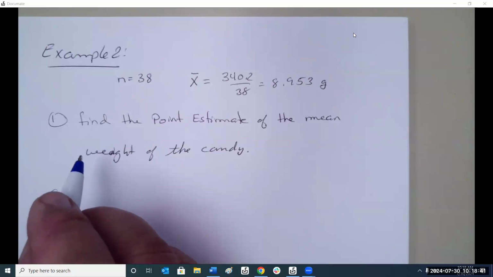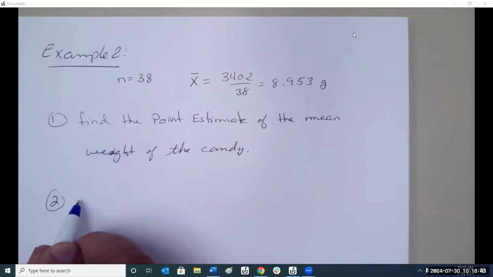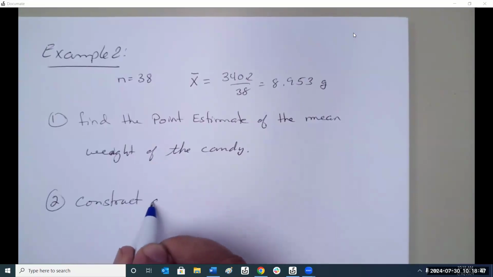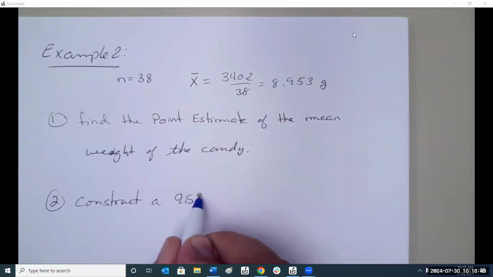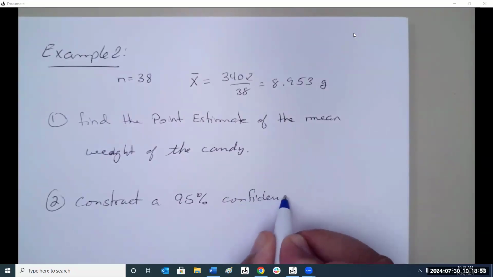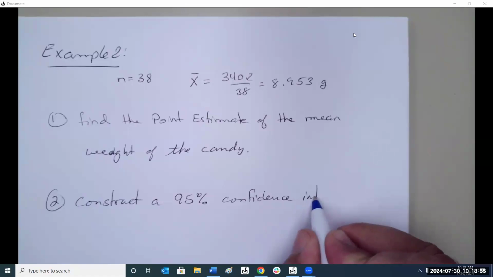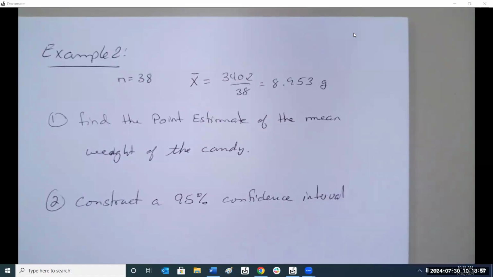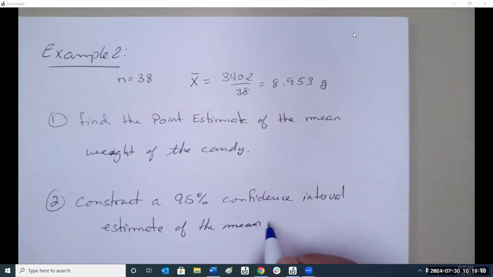Then the second one is construct a 95% confidence interval estimate of the mean weight.